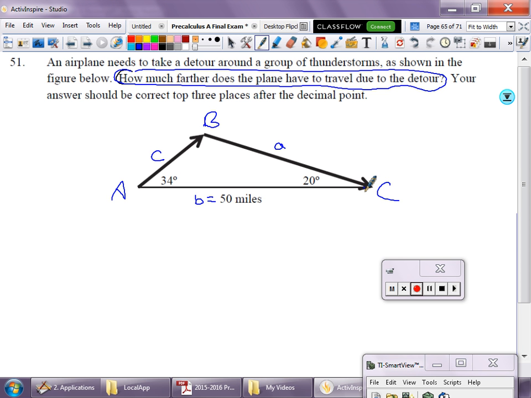So detour, let's get that plan. What is the detour?